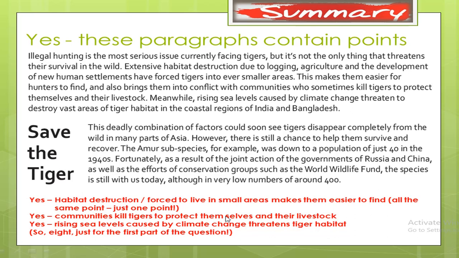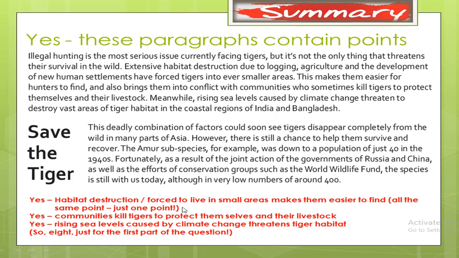So they kill the tigers for self-protection. That's also mentioned in the paragraph, in this part. Then rising sea levels caused by climate change threaten tiger habitat. Also, we can see this area mentions habitat in the coastal area.